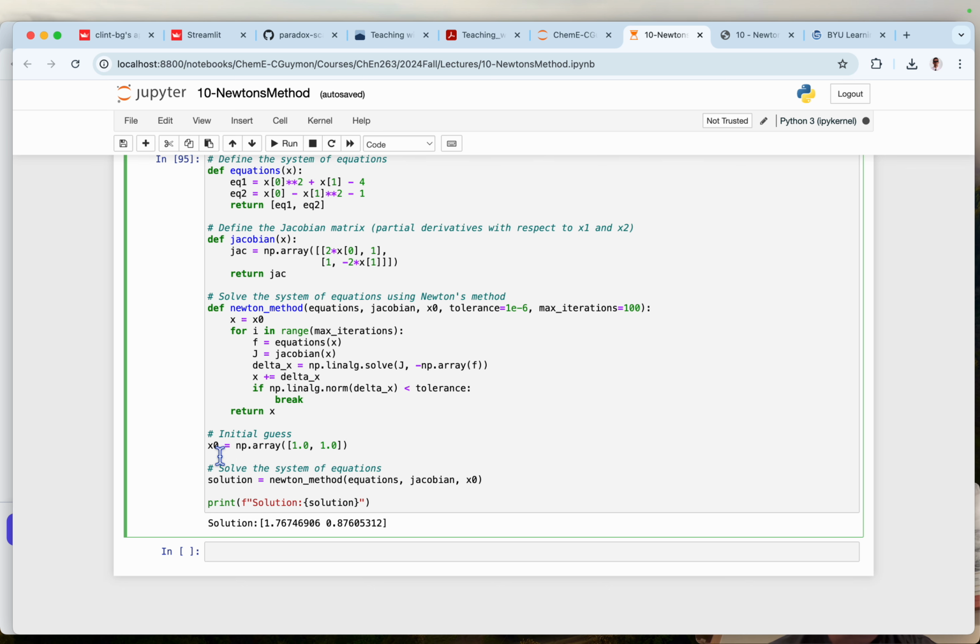So here's our guess, and then we feed into the Newton method a function of these equations and the Jacobian right there, and my guess, and then there's the solution.